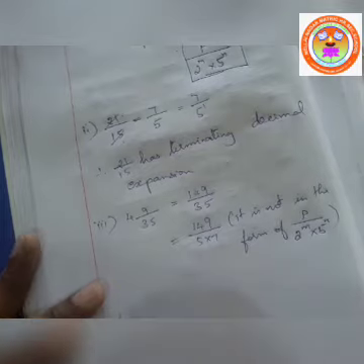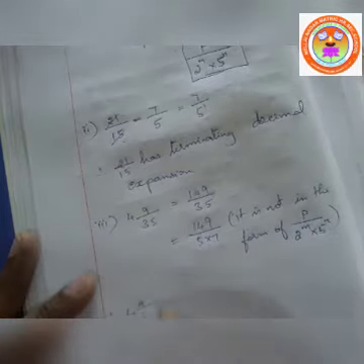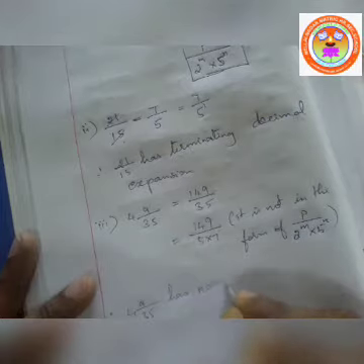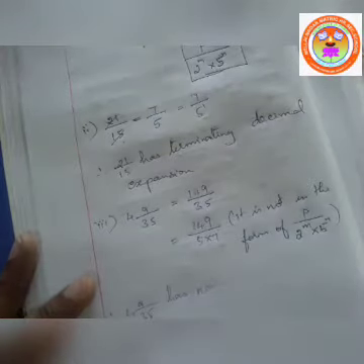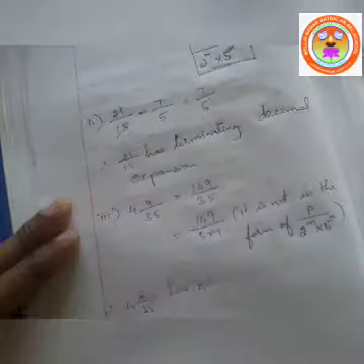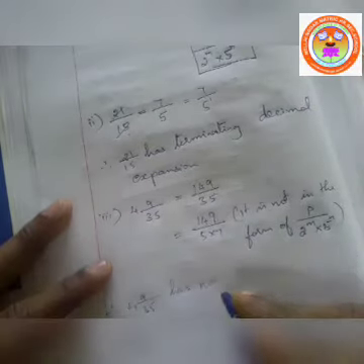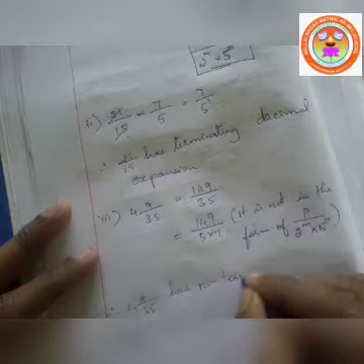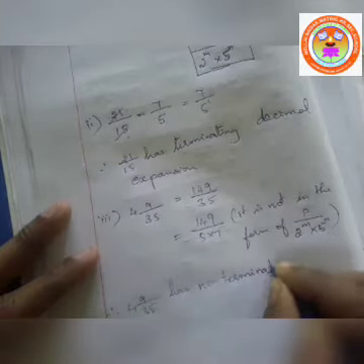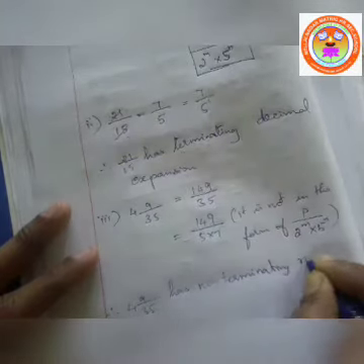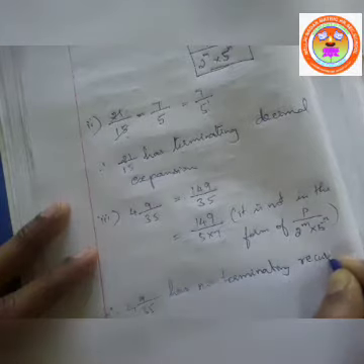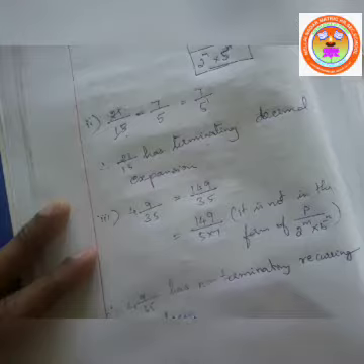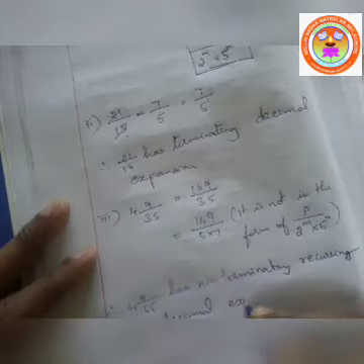So therefore 4 9 by 35 has a non-terminating recurring decimal expansion.